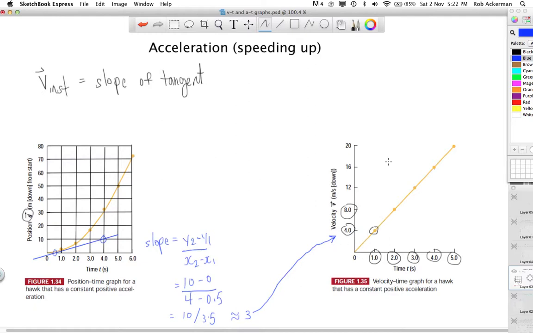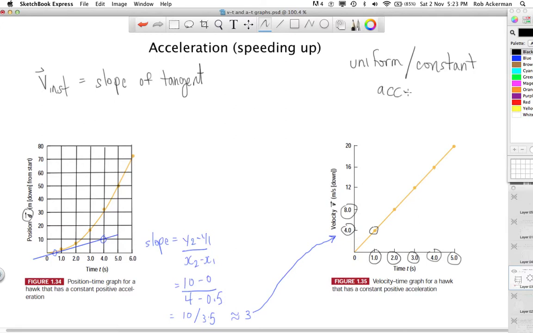And it looks like what they're showing us is that the velocity is increasing at a steady rate. The hawk goes from 0 to 4 meters per second in the first second. Then it goes up another 4 meters per second in the next second. Then it goes up another 4 meters per second in the next second. This is what we call uniform or constant acceleration.